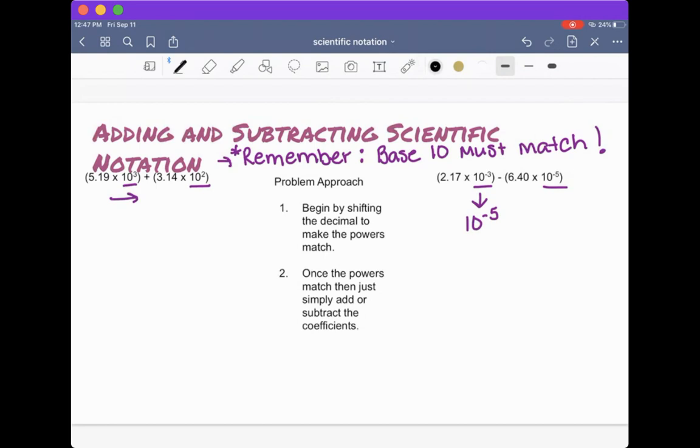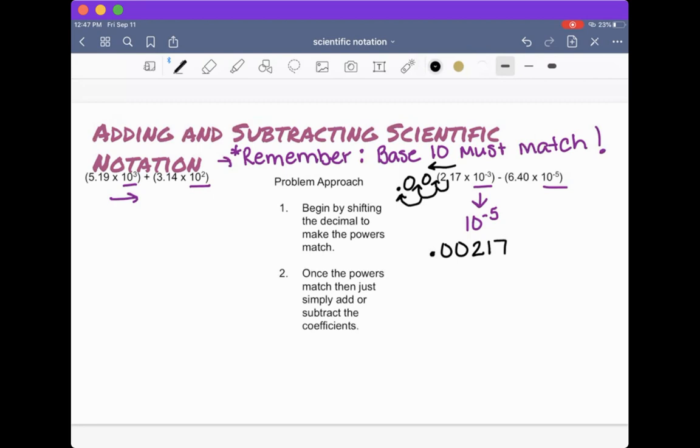So I move it 1, 2, so I'm going to have to add a 0, and then 3, add another 0. There's my new number, 0.00217.